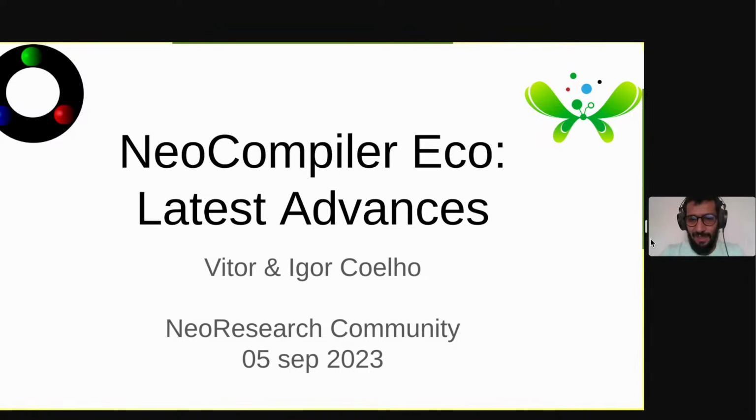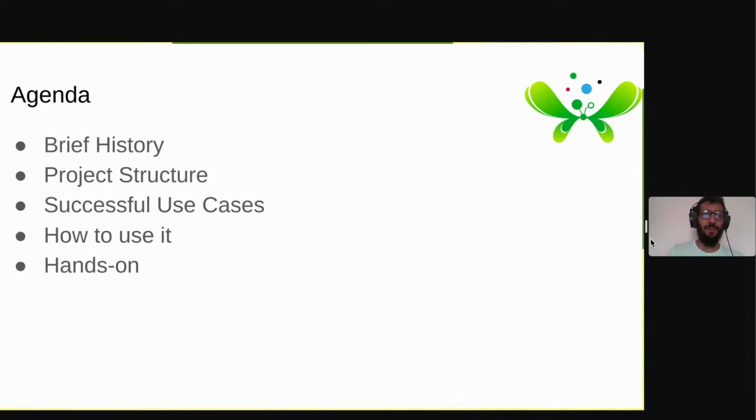Okay, so this is September 5, 2023, just to record for the future people watching this video. So this is a quick overview of what we are discussing today. We'll be passing through a brief history of the project, the NeoCompiler Eco project.